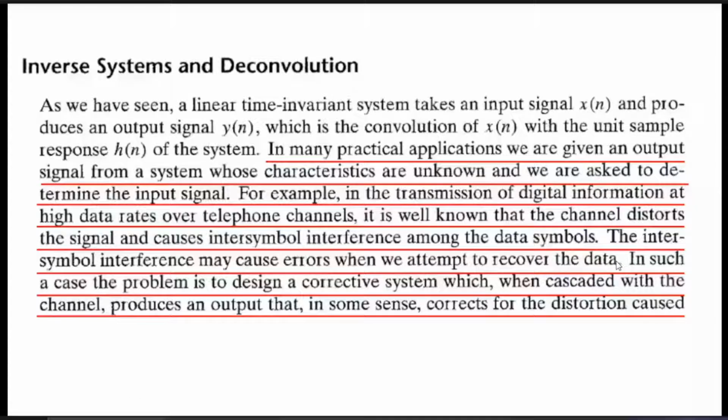So for example, in the transmission of digital information at high data rates over telephone channels, it is well known that the channel distorts the signal and causes inter-symbol interference among the data symbols. The inter-symbol interference may cause errors when we attempt to recover the data.